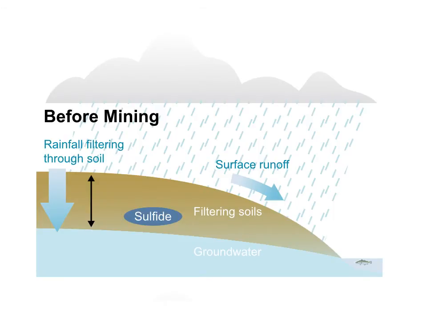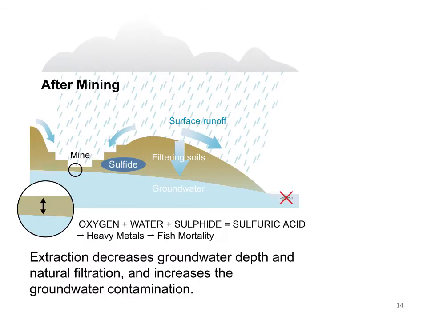Prior to mining, as rain fell, it would filter through the soil, perhaps reacting with some sulfides, but going into the groundwater and being largely diluted, with most of the rainfall going off as surface runoff. However, after surface mining, we can expose those underlying sulfides to the environmental rainfall.